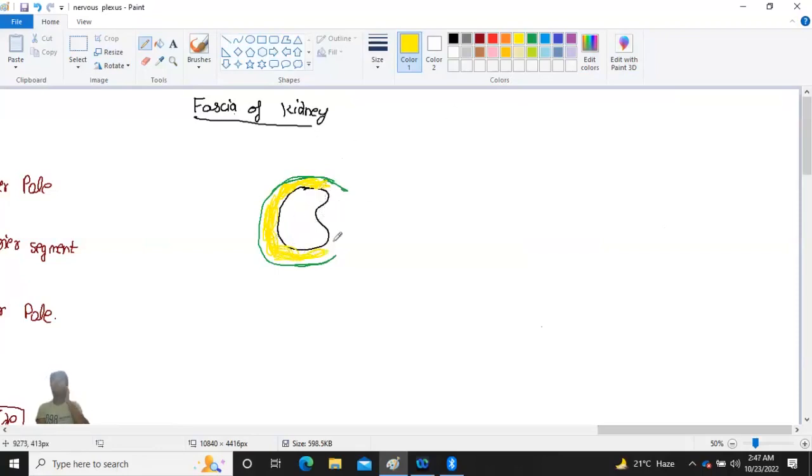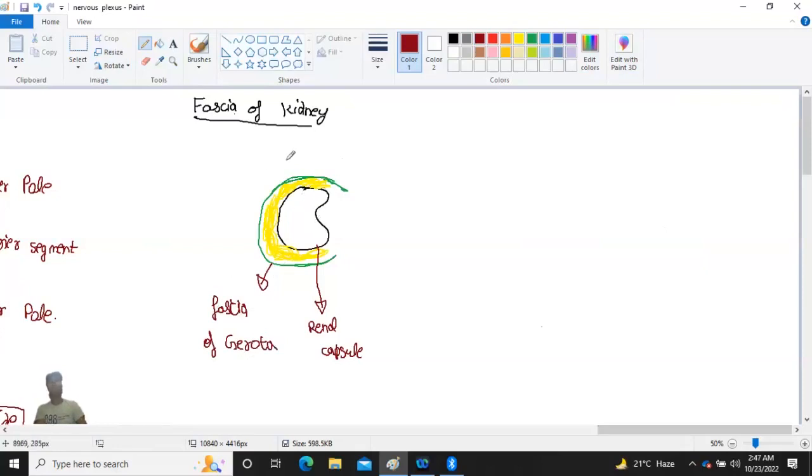Let's say this is the kidney. Above the kidney there is a renal capsule which is the covering of the kidney. So first it is the renal capsule, which is the kidney covering. Then this is the kidney fascia, which is called fascia of Gerota.